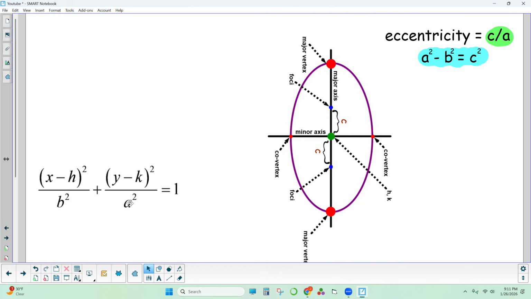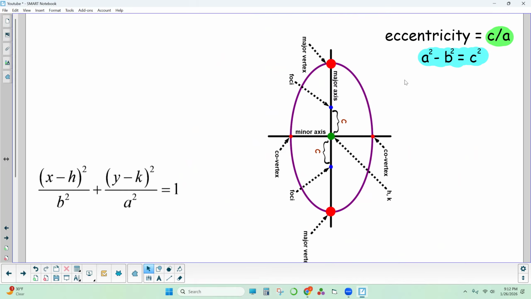Notice now that a squared is with your y term. But nothing else has changed. Now the major axis is vertical, the minor axis is horizontal. The foci are always on the major axis, so they stay with the major axis. They are c distance away from your center. And you've got your major vertices and your co-vertices.